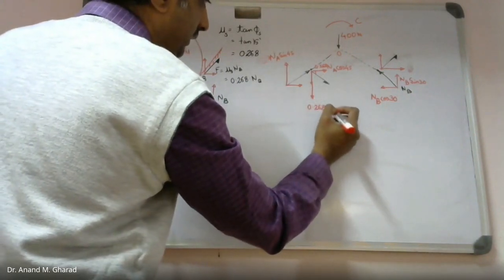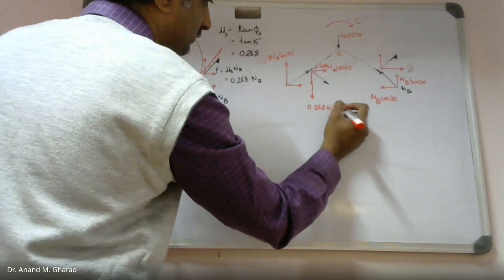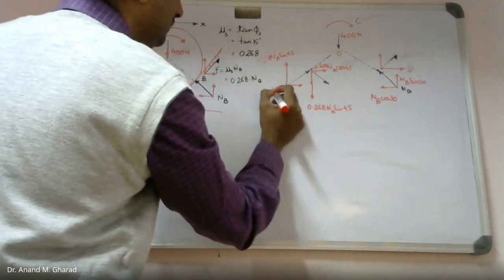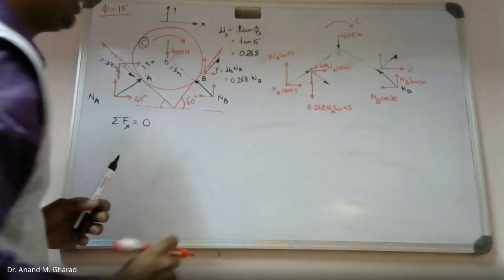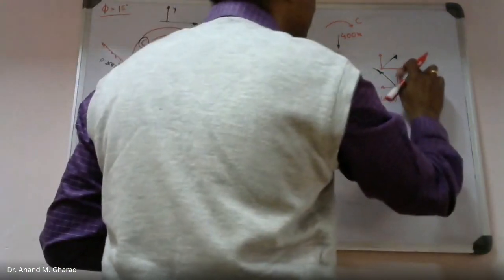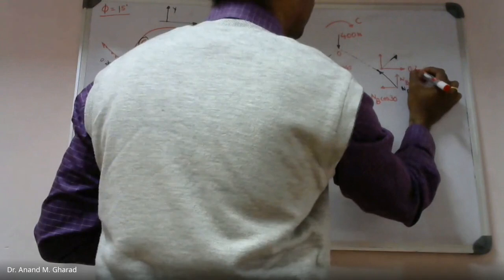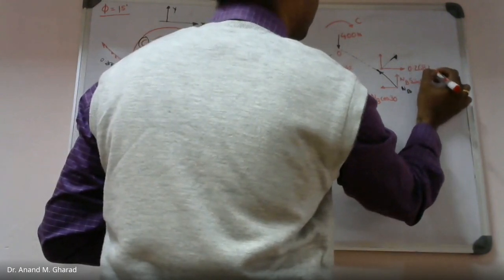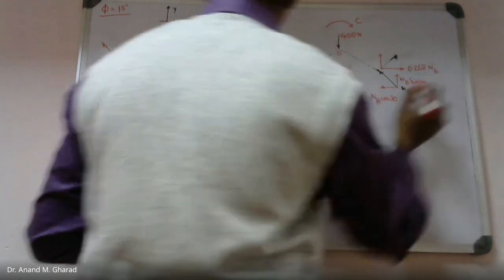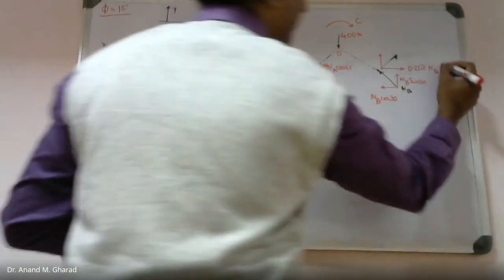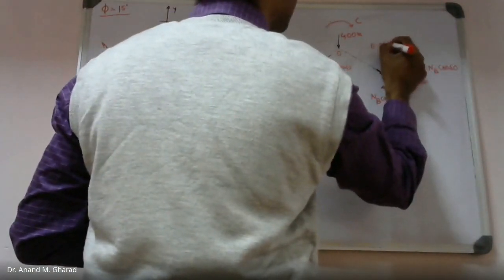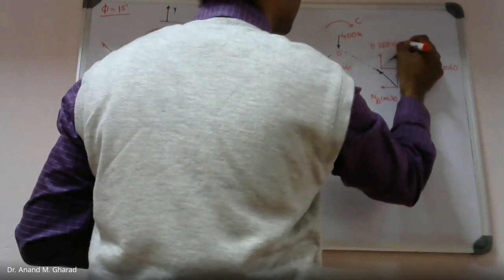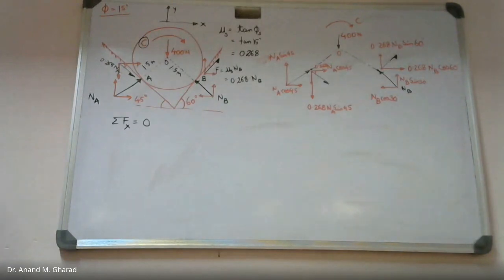0.268 NA sin 45 and this is NA cos 45. This becomes 0.268 NB cos 60, 0.268 NB sin 60. Is this okay? Please let me know.